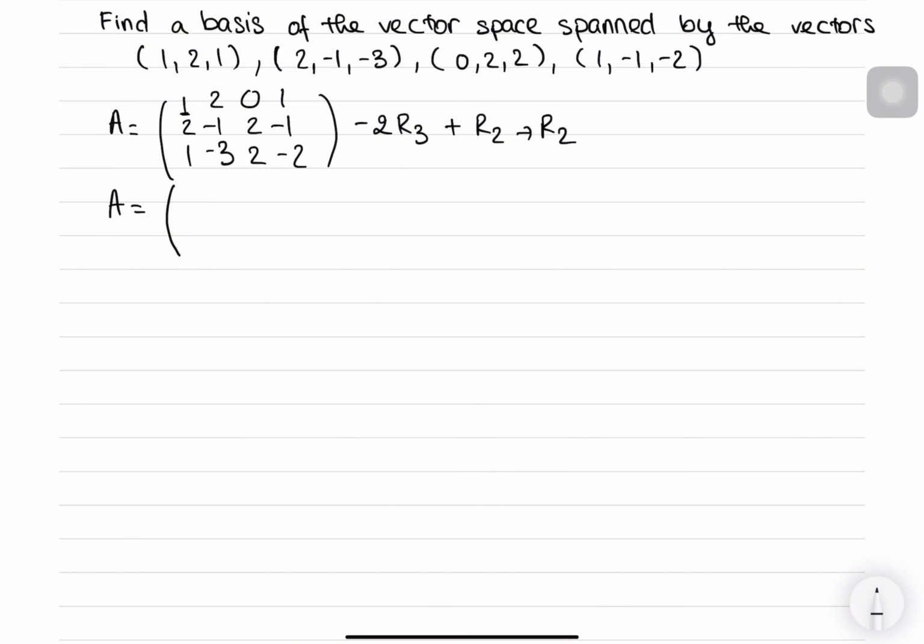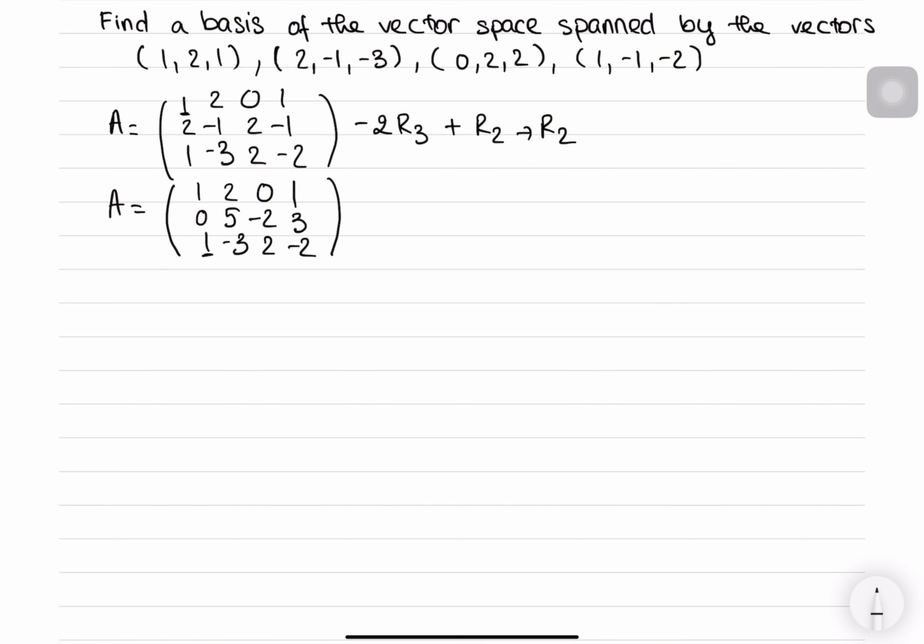We're going to keep the first row, 1, 2, 0, 1, and we get 0, 5, minus 2, and 3, and we keep the third row.